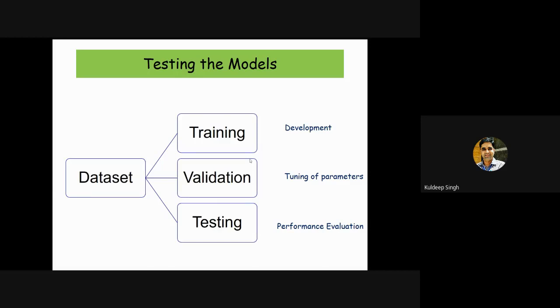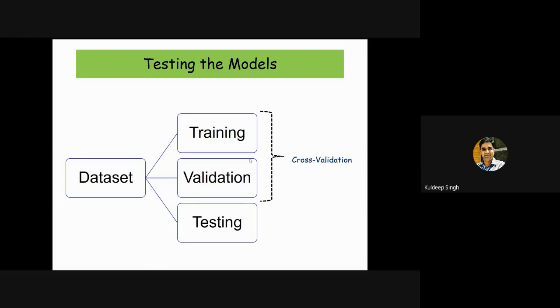Whenever we are creating a data set, it is divided into three parts. One is training, another is validation, and the last is testing. The training data set is used for building or development of the model. Validation is for tuning of parameters, and testing is for performance evaluation of the developed model.